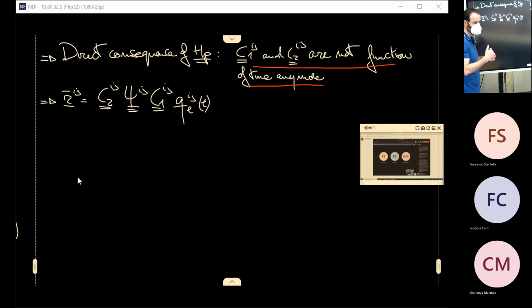Even if you do this approximation, you still keep on relying on the same element shape functions, and this is an approximation, which is acceptable as long as this reorientation due to deformation is small.